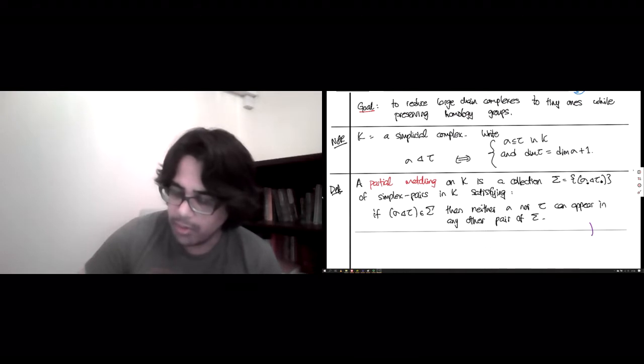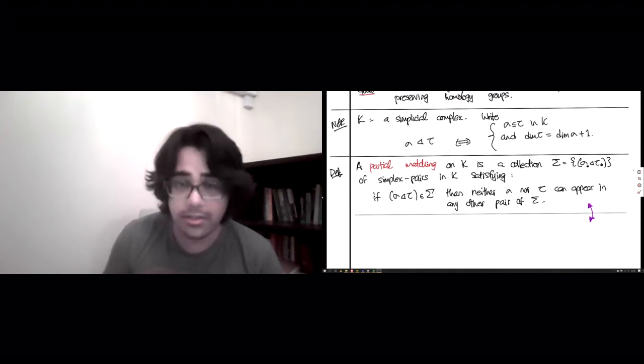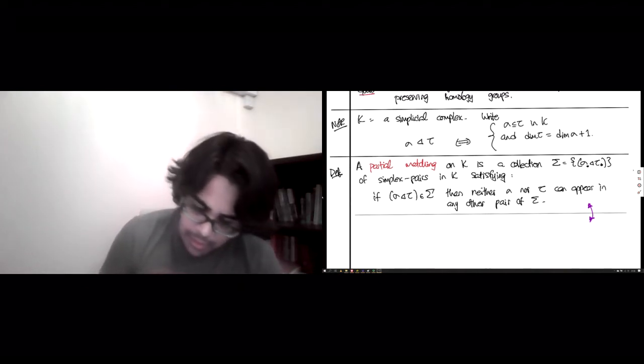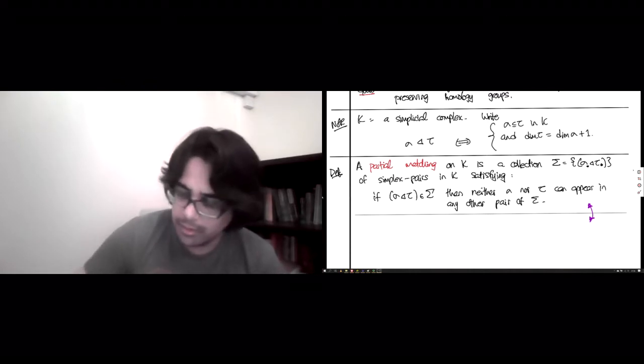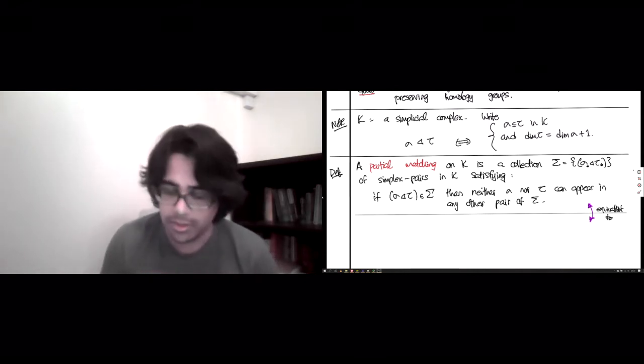What I want to point out, if you want a more hands-on perspective for what's going on, is the following. This is completely equivalent. So let me write equivalent to the following structure.